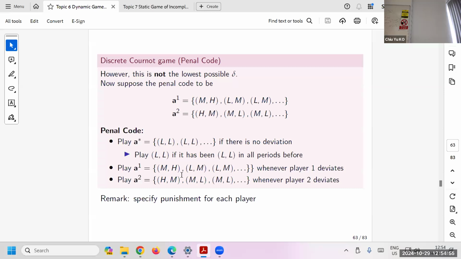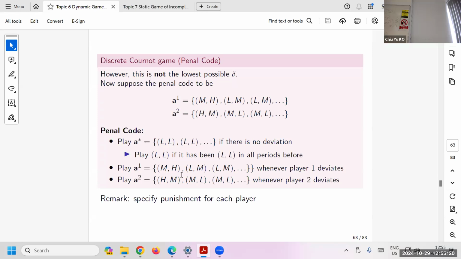If someone has been bad, say player 1 is naughty, look at the naughty book. If naughty, we start this one. If player 2 is naughty, we go here.